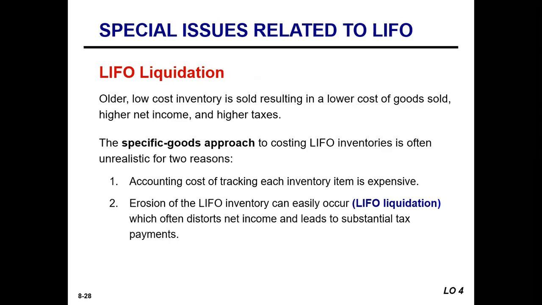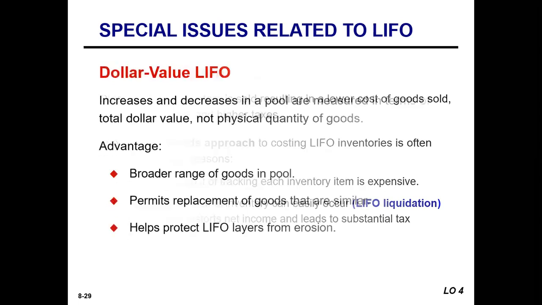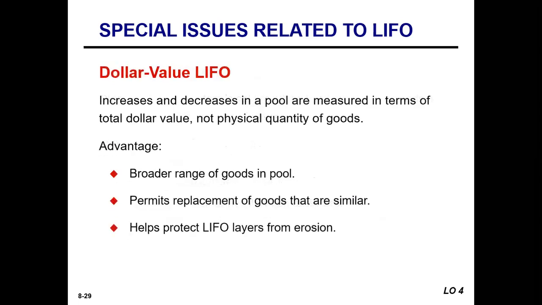So a couple ways that this can be dealt with is by the specific goods approach. And then your book also talks about calculating the dollar value LIFO approach. So we'll look at both of those. Dollar value LIFO, again, we have a couple exercises picked out where we're going to get practice with this.